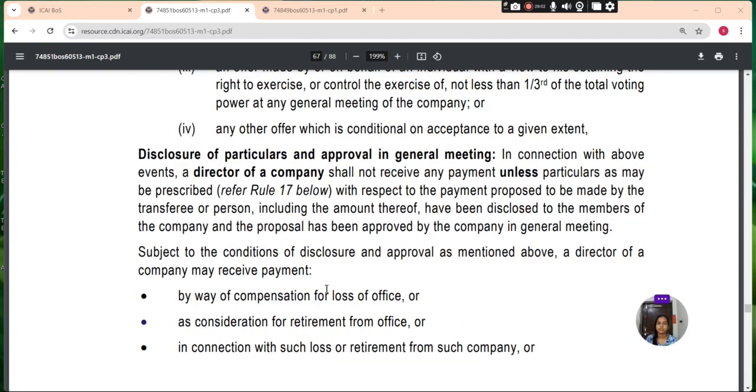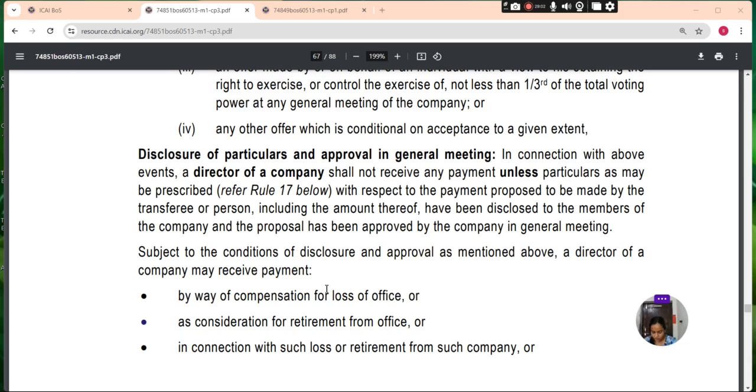Then आता है हमारा disclosure of particulars and approval in general meeting. In connection with above event, a director of a company shall not receive any payment unless particular as may be prescribed with respect to the payment proposed to be made by the transferee or a person, including the amount thereof, have been disclosed to the members of a company, and the proposal had been approved by the company in general meeting.